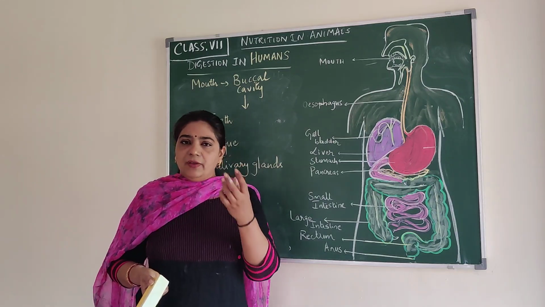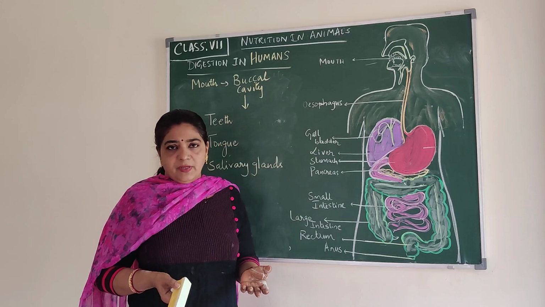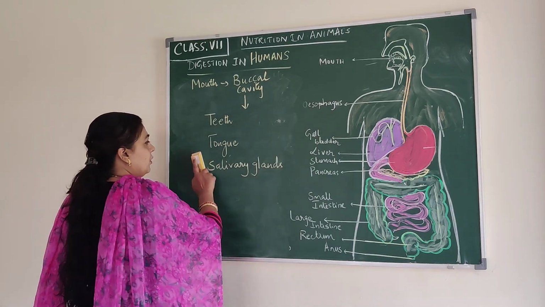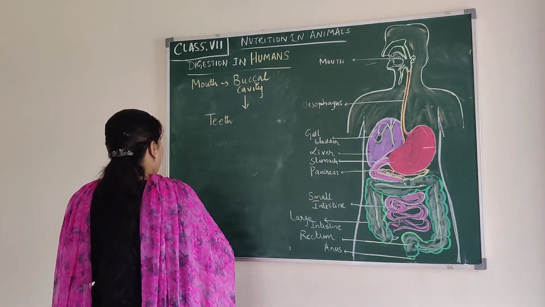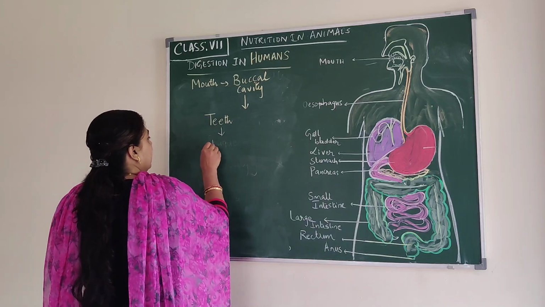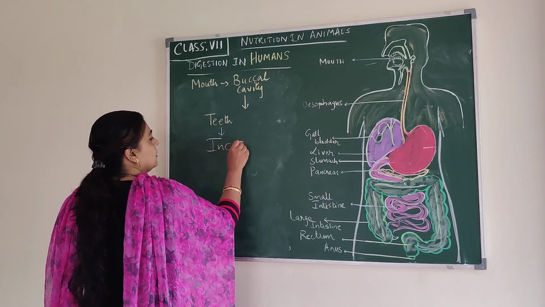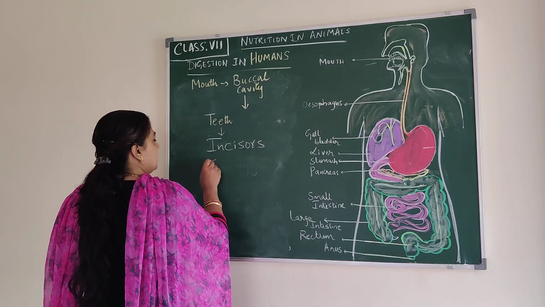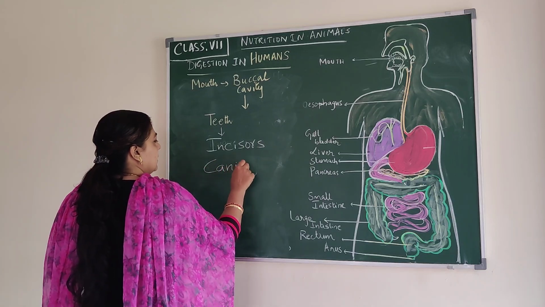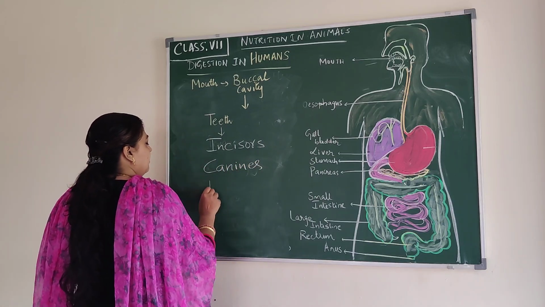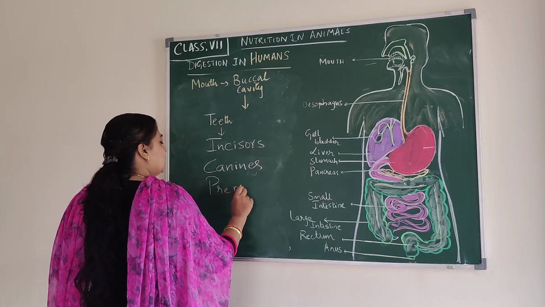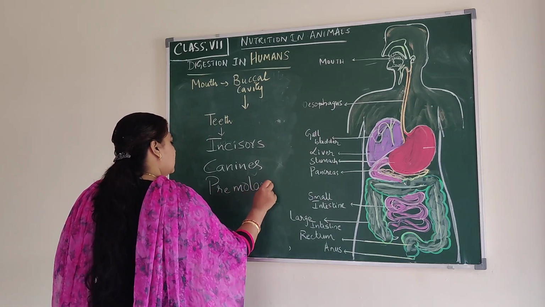You know very well there are 4 different types of teeth we have. Which are they? We have incisors, canines, premolars and molars.